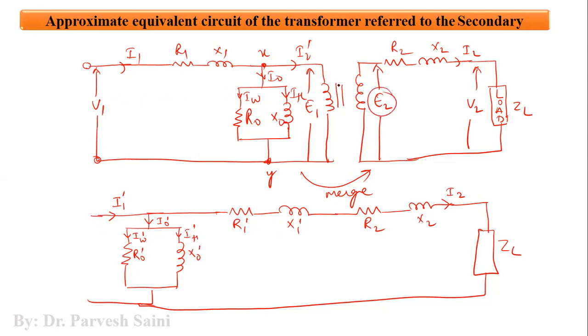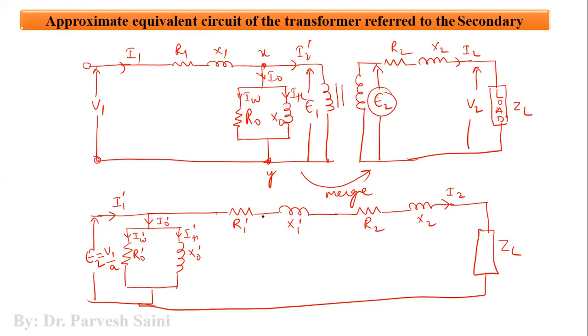Now when we merge this, this E2, because this is the input of the secondary winding here, because we are merging the primary side into the secondary side. So this E2 will be equal to V1 by A. Okay. So now this is how it will look like.